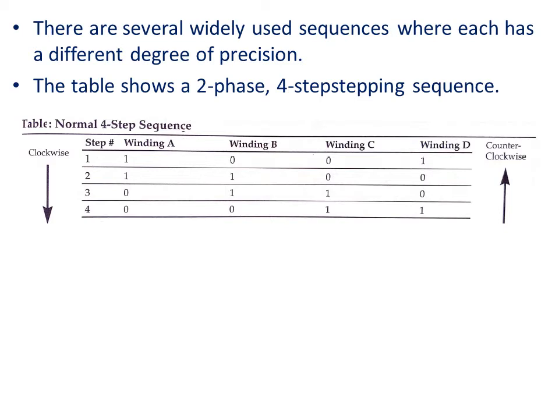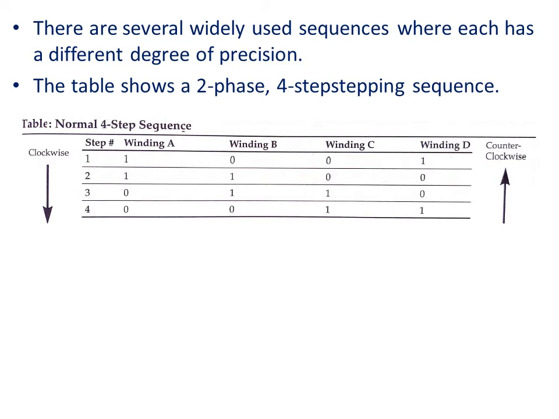There are several widely used sequences where each has a different degree of precision. The table shown here shows a two-phase, four-step stepping sequence.